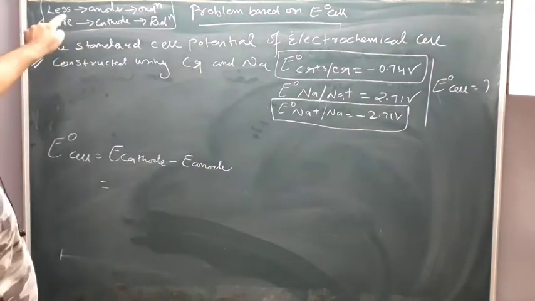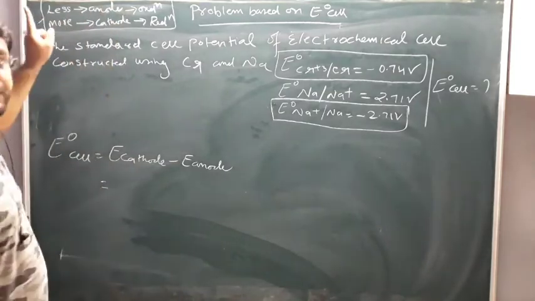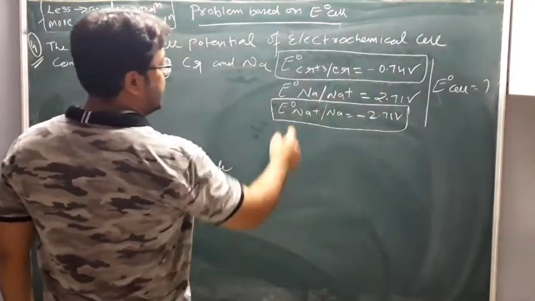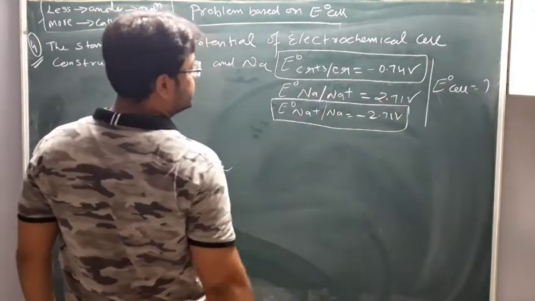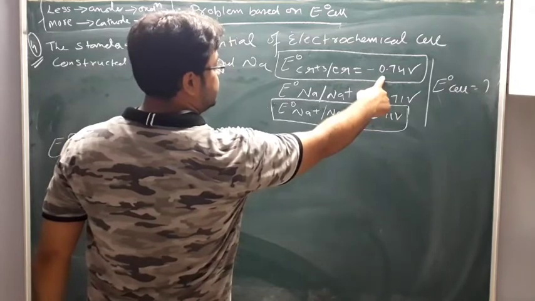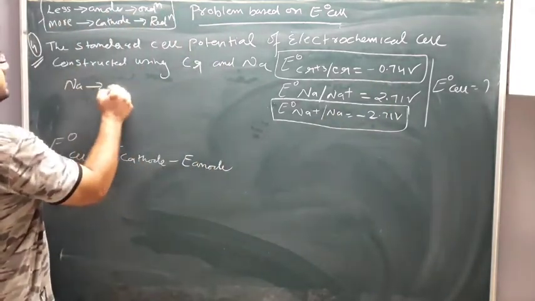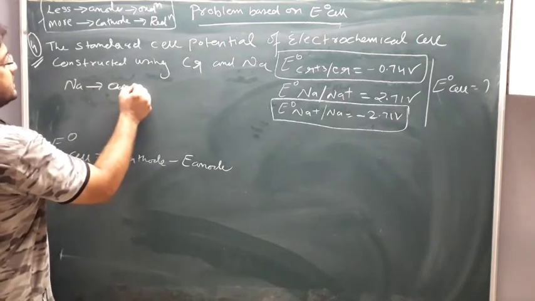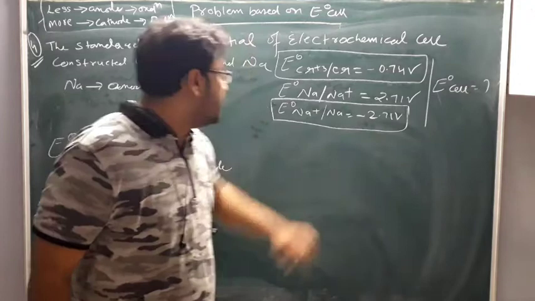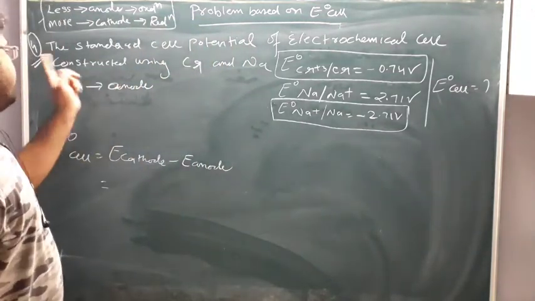Now you know the one which is less is anode, less value of reduction potential value. So now I have the chromium reduction potential value and the sodium reduction potential value. Who is less? Here this is minus 2.71 and here it is minus 0.74. So sodium is less, so sodium will act as anode because lesser value is anode.